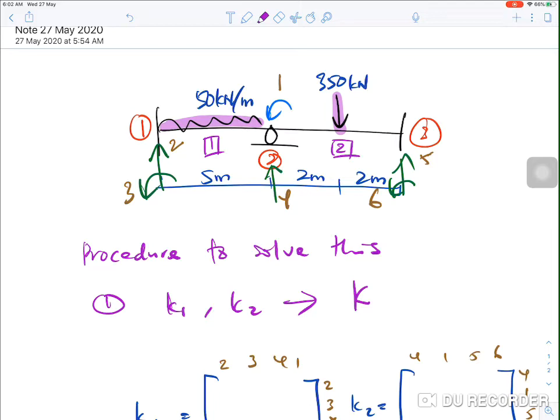If this 350 were subjected at node 3, then it would be a nodal force, not Q naught. The simple tip to identify the difference between Q and Q naught is whether it is about a member.